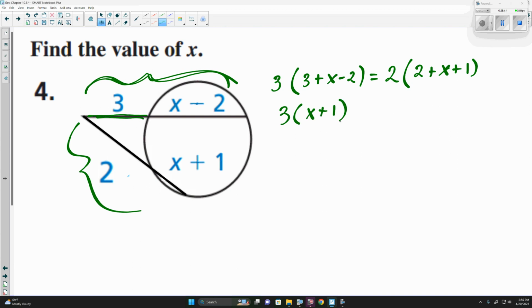So if we combine like terms, 3 minus 2 is 1. And for the other one, we have 2. 2 and 1 is 3. Now at this point, we can distribute the 3 here. 3 times x, 3 times 1 is 3. Here we can distribute the 2. 2 times x is 2x plus 2.